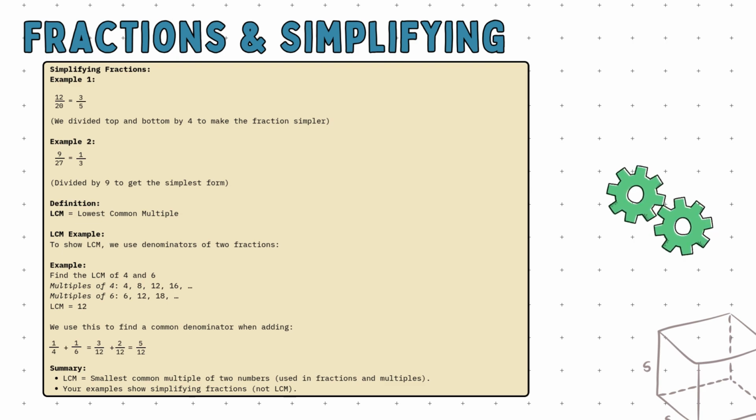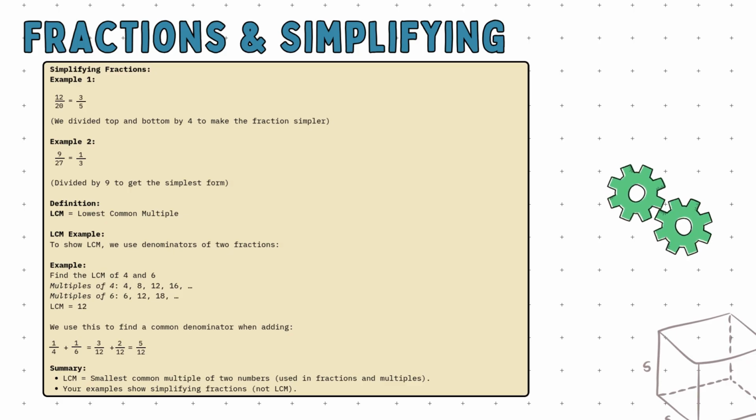Examples of simplifying fractions. Let's look at these two examples that we have on screen. Example 1, 12 over 20: divide top and bottom by 4. So we get 3 over 5. We simplified the fraction by dividing both parts by 4. Example 2, 9 over 27. You divide by 9.